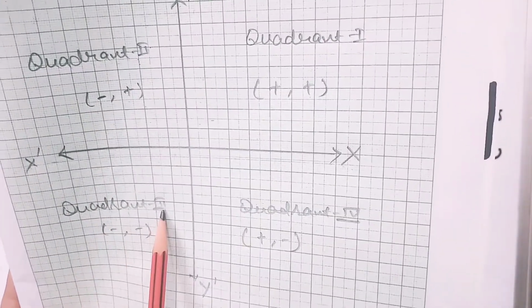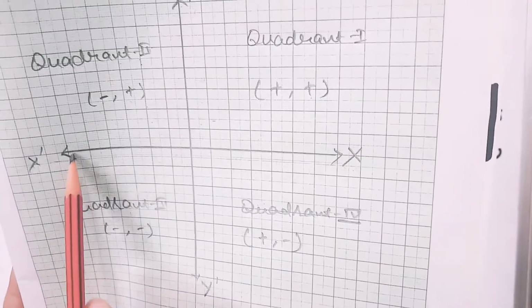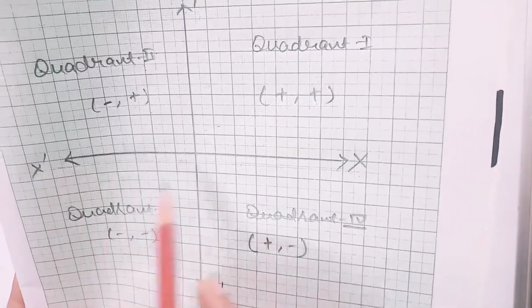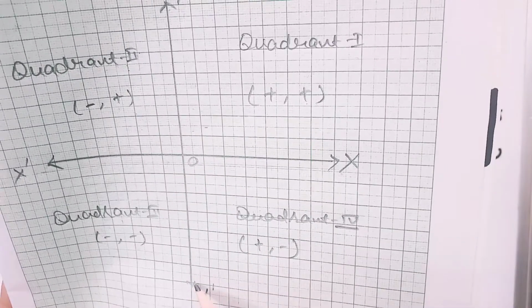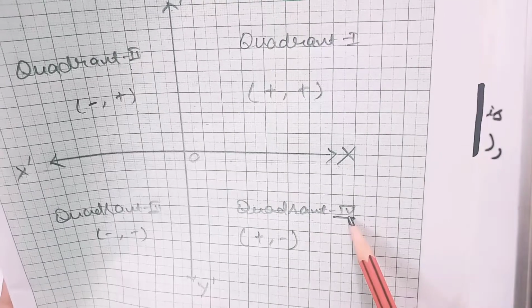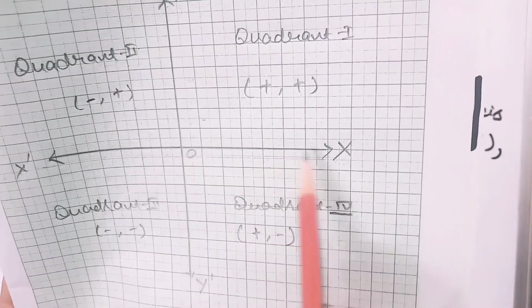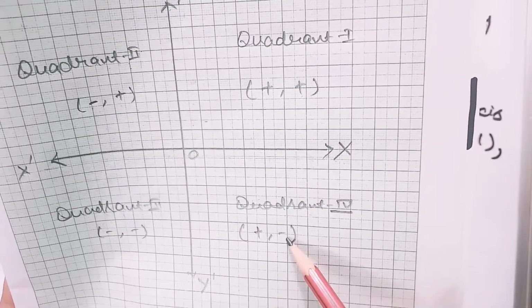In the third quadrant both will be negative. Why? Because here x lies on the left hand side of the origin, and downward of the origin means negative values of y. And in the fourth quadrant, x is positive, right hand side of the origin, and downward side of the origin is negative values of y.